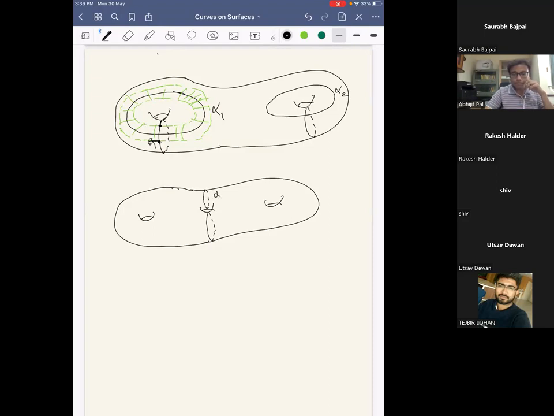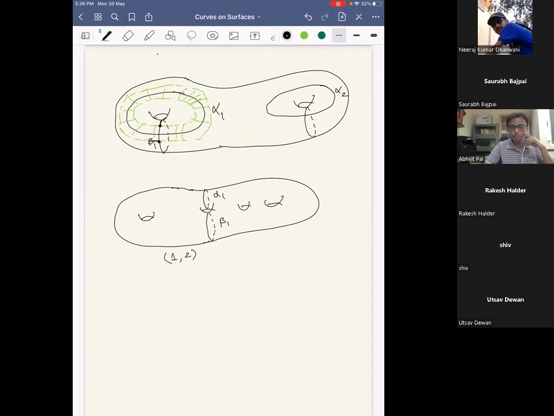For example, if I have alpha 1, beta 1 like this, and of course there is something more to it, like the genus. Let me say this is of type (1, 2), a bounding pair. So on the left you have genus one and here you have genus two. If you have this information, then the change of coordinates principle works in this setting.